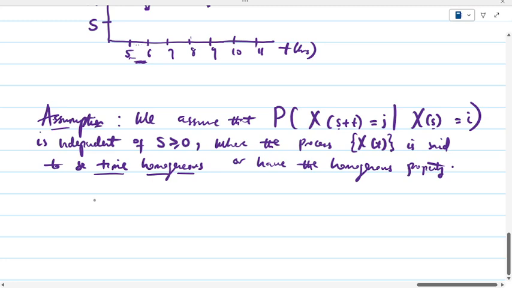That is, the probability of our next state, X of x plus t, minus our current state, is equal to X of t.